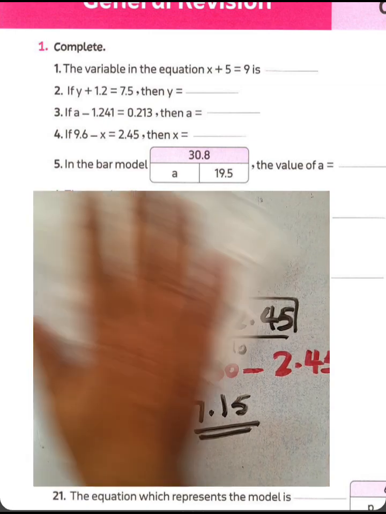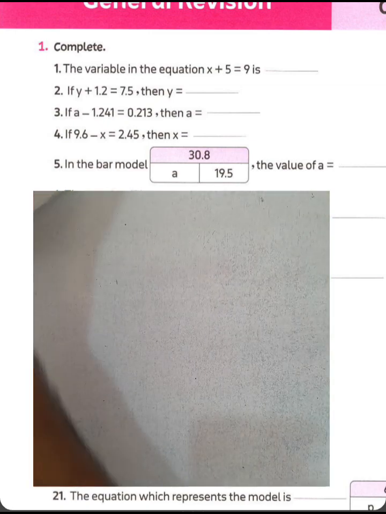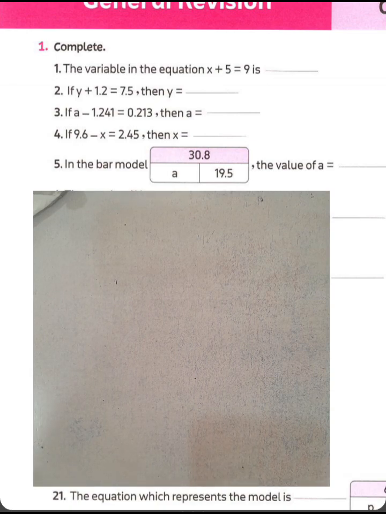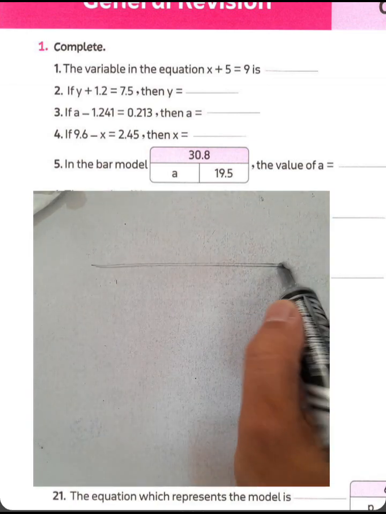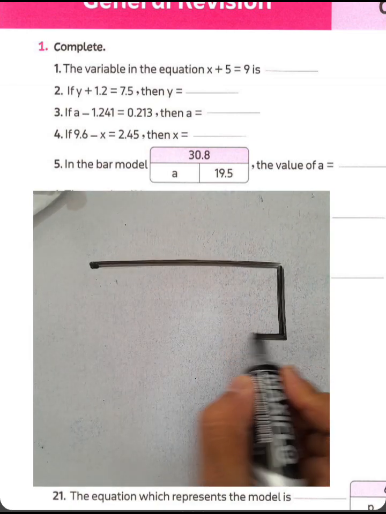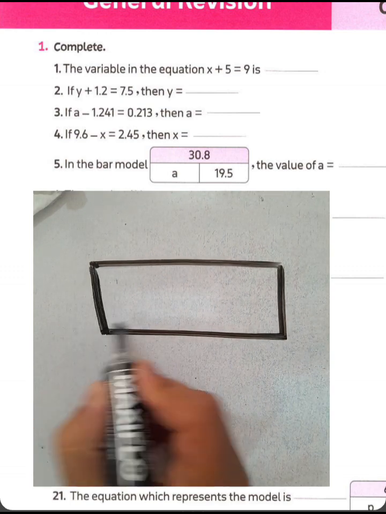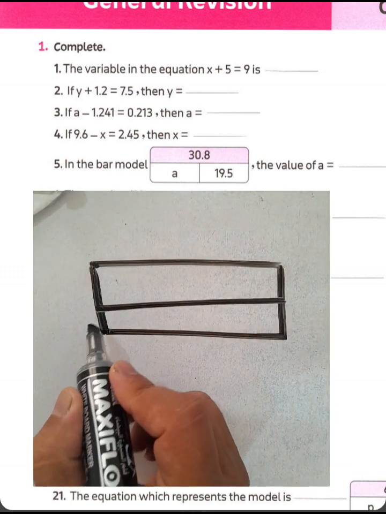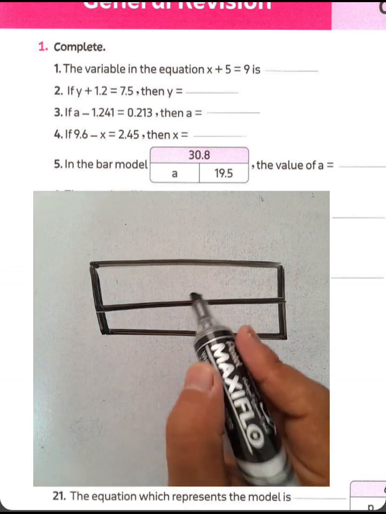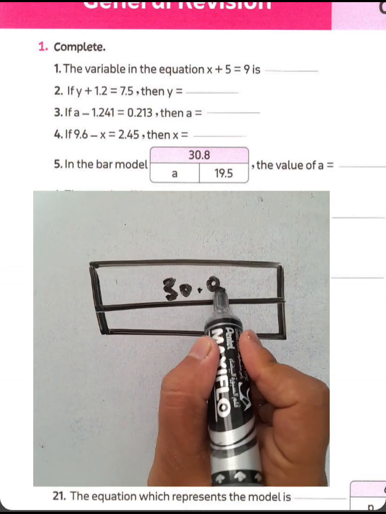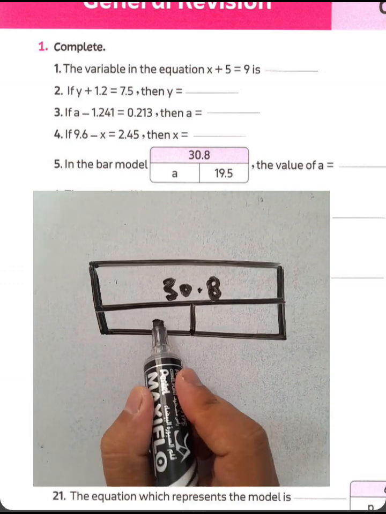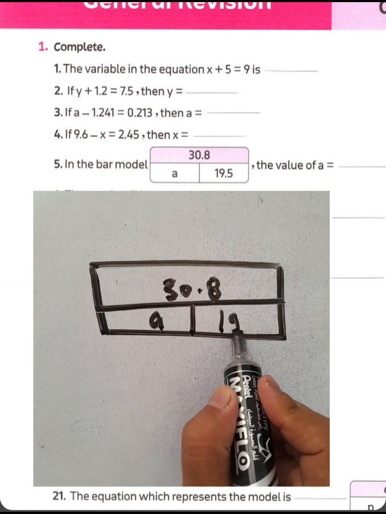Question number 5. In the bar model here, find the value of A. We have a bar model. At the top, the greatest number here, 30.8, and down here, A and 19.5.